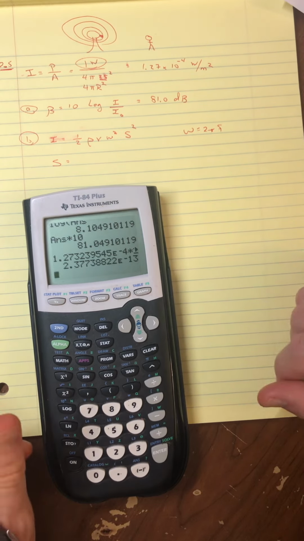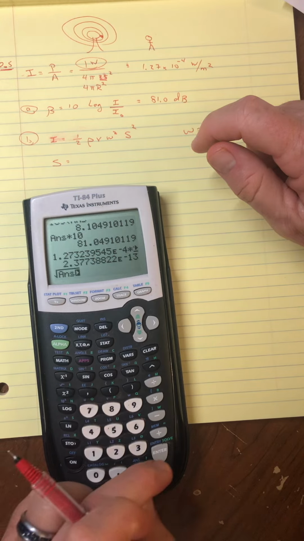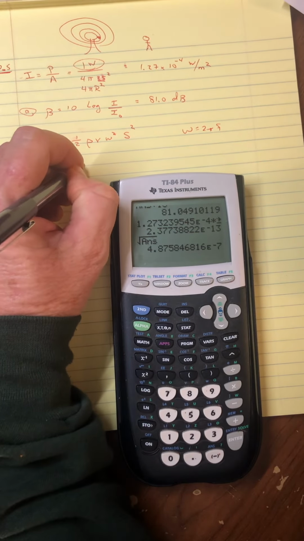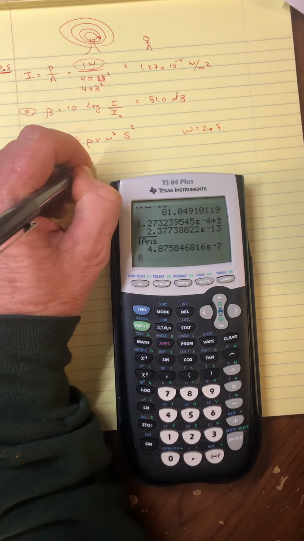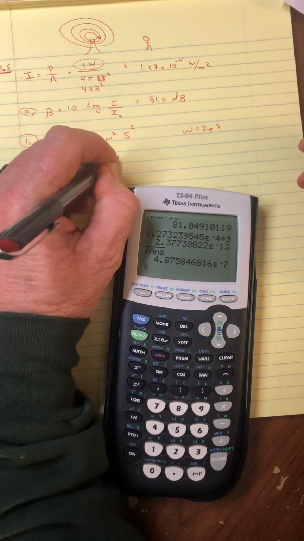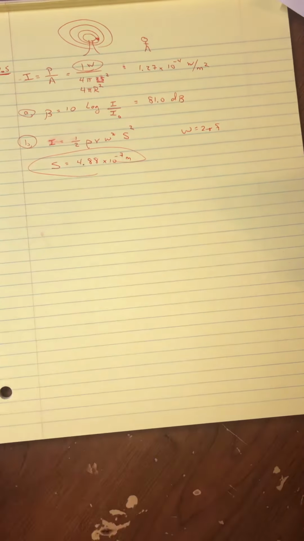And then all of that should be this A squared. So final step, taking the square root gives me a distance of 4.88 times 10 to the minus 7 meters would be the amplitude.